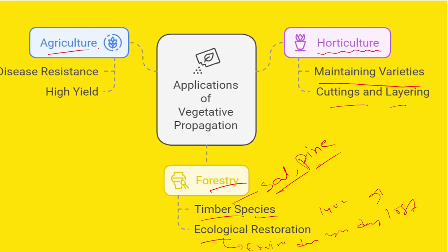Agriculture is most important because, according to vegetative propagation, we get resistance to disease.